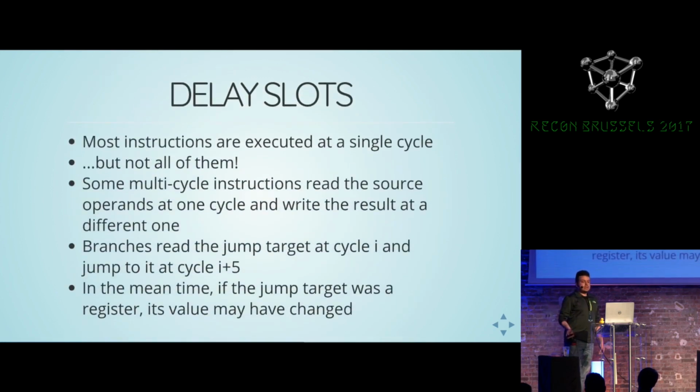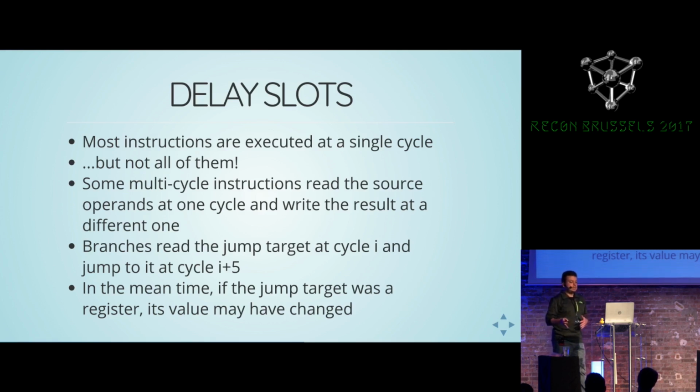But not all instructions are executed in a single cycle. There are some multi-cycle instructions that read the source operands at one cycle and write the result at a different one. For example, branches. Branches read the jump target at cycle I and jump to this target at cycle I plus 5.